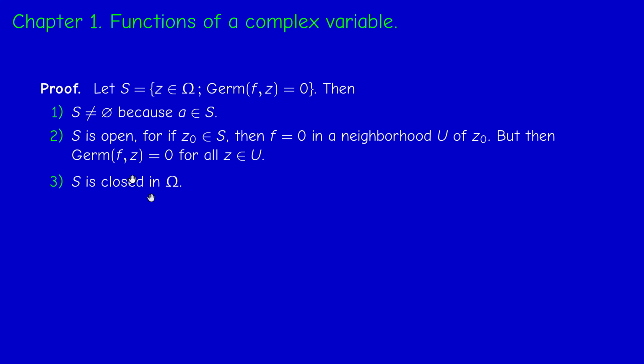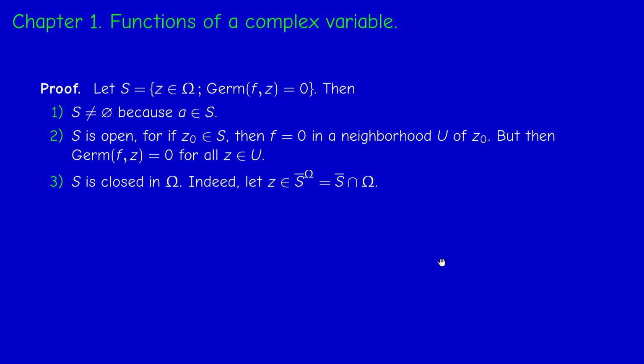It means that S is a neighborhood of Z0 because it contains a neighborhood U of Z0. So S is an open subset of omega. And the third observation is that actually S is closed in omega. Now, not necessarily in C, but at least in omega.